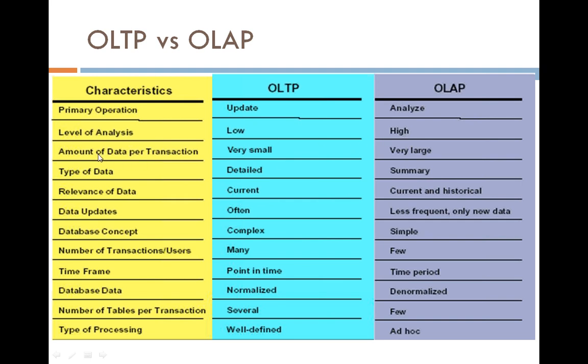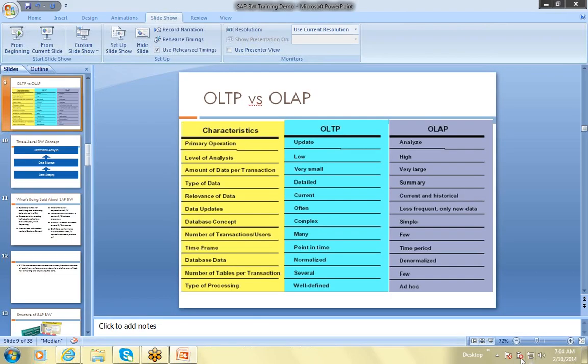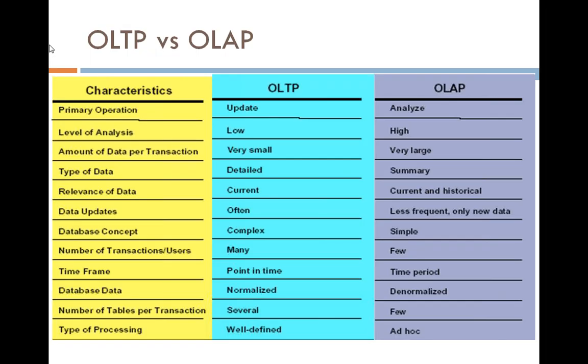The amount of data per transaction is very small in OLTP and very large in OLAP. In OLTP, lots of customers visit the particular store and make their purchases, and the data is stored in the backend.